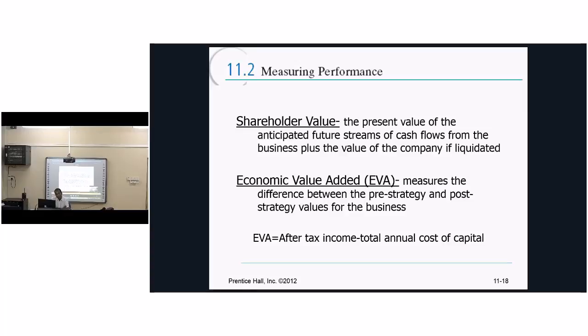Every year your after-tax income should be more than the cost of earning that capital. Cost of capital has two components: cost of equity and cost of debt, and you have something called weighted average cost of capital. So in a given year, you have an after-tax income, and from that you take out the weighted average cost of funding; the remaining component is economic value added.